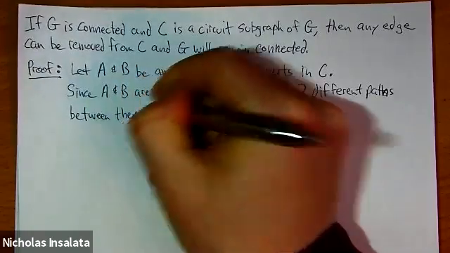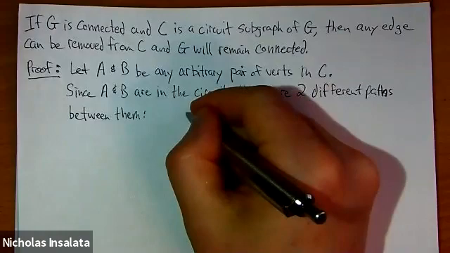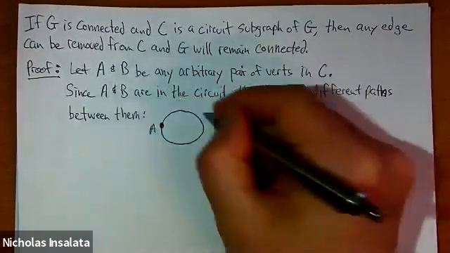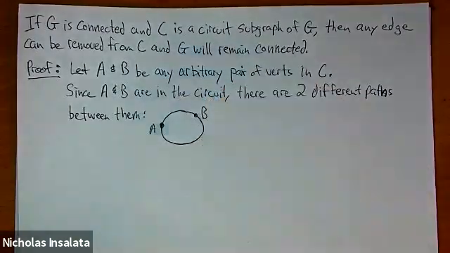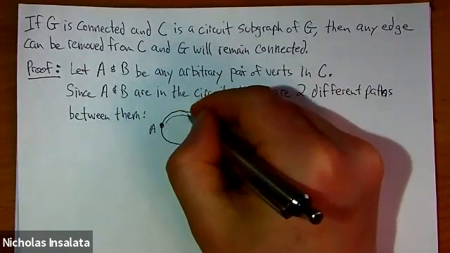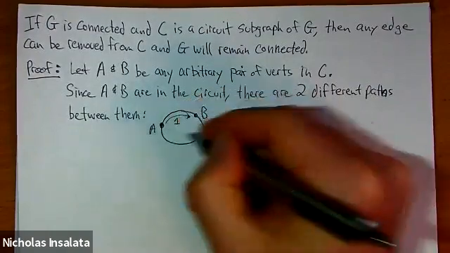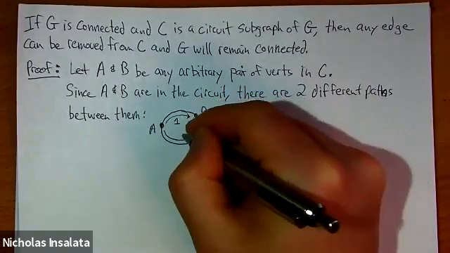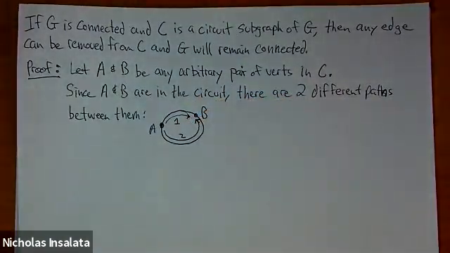And I think you can see that pretty easily with a picture. If I have a circuit, here's A, here's B, so here's path number one, and here's path number two.